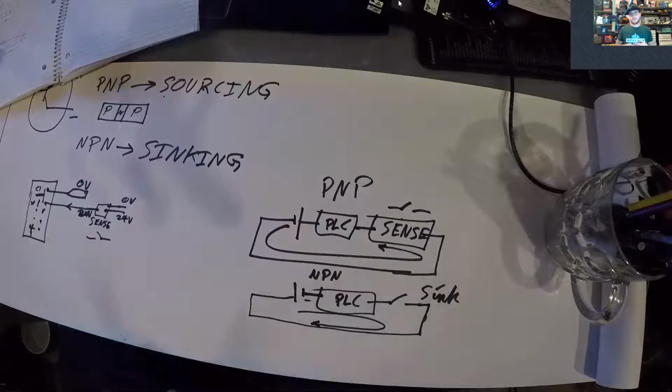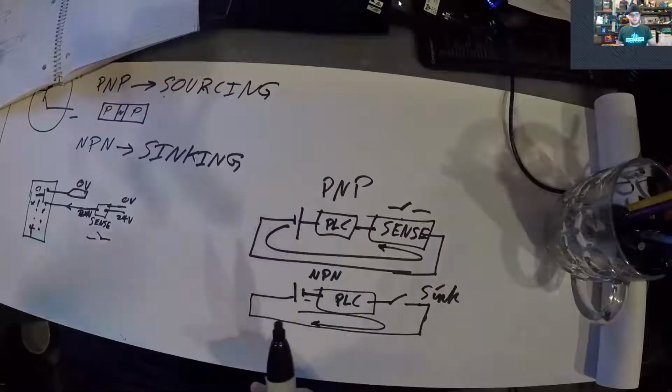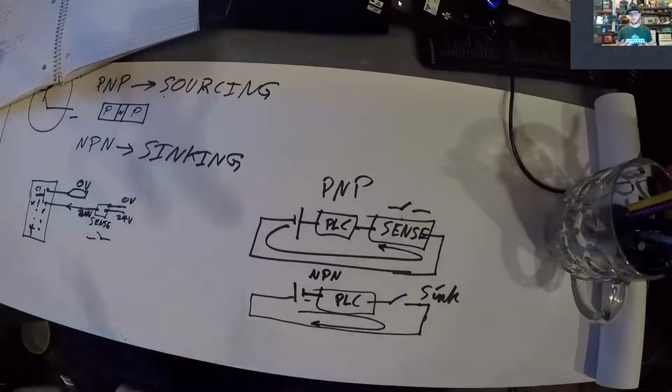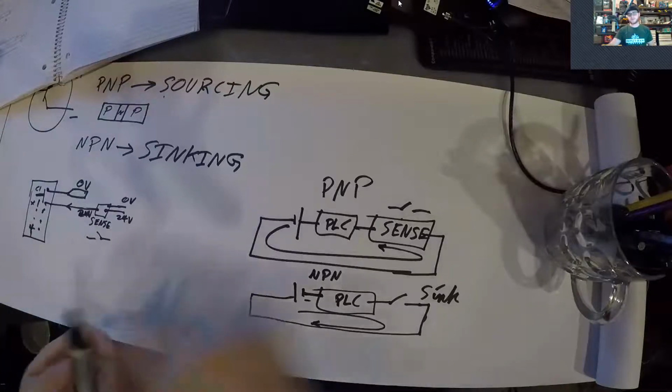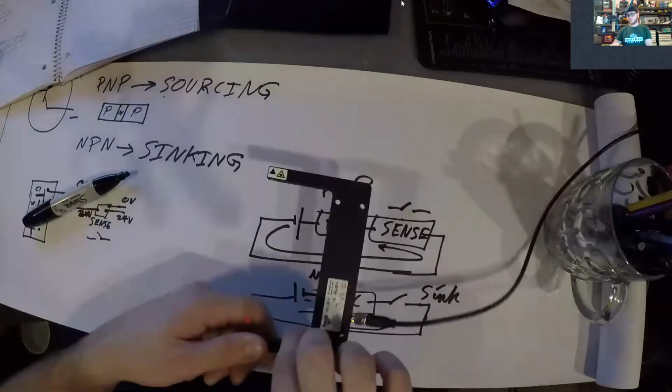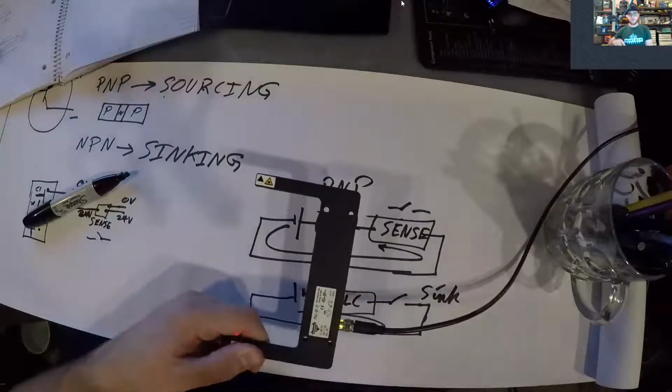You're going to need, more than likely, you should just budget to have one card configured for PNP and one card configured for NPN. That's like an ideal world, where you can just take whatever type of device, because these sensors off the shelf, most of them are configured one way or the other.